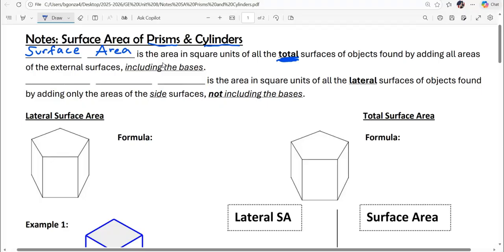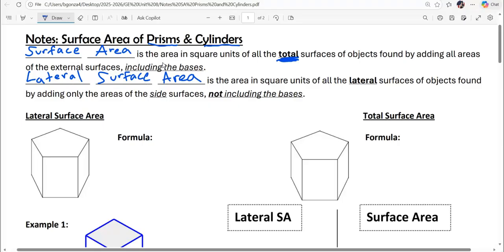Now, the only time you do not include the bases is when you have something called lateral, L-A-T-E-R-A-L, lateral surface area. Lateral surface area is the area in square units of all the lateral surfaces of objects found. Now, what does lateral mean?